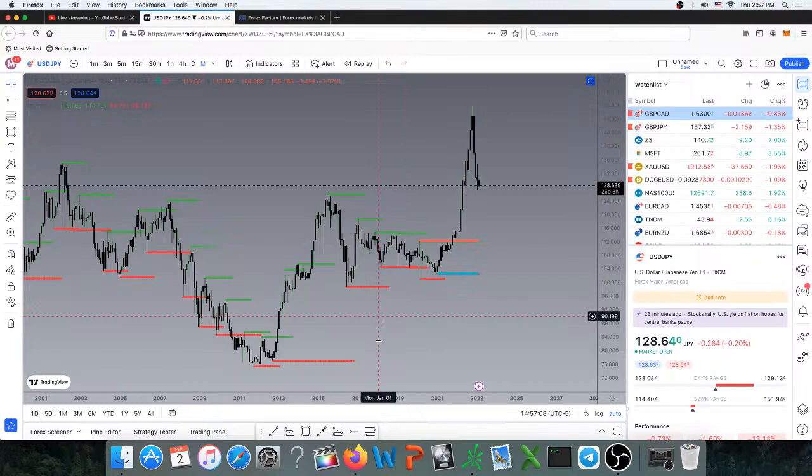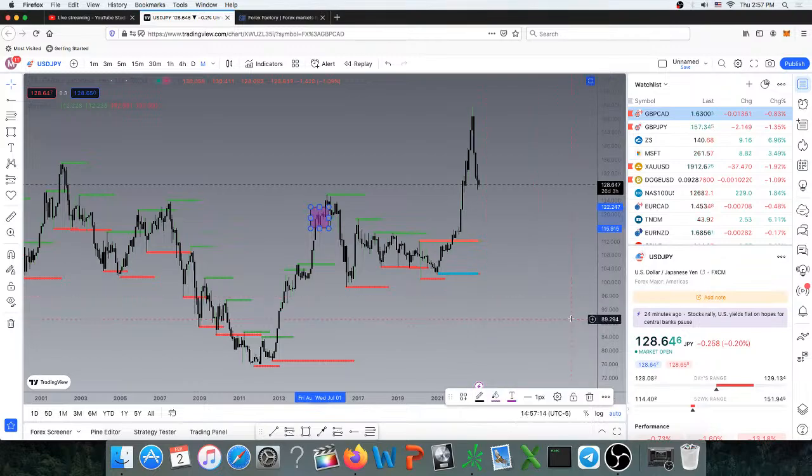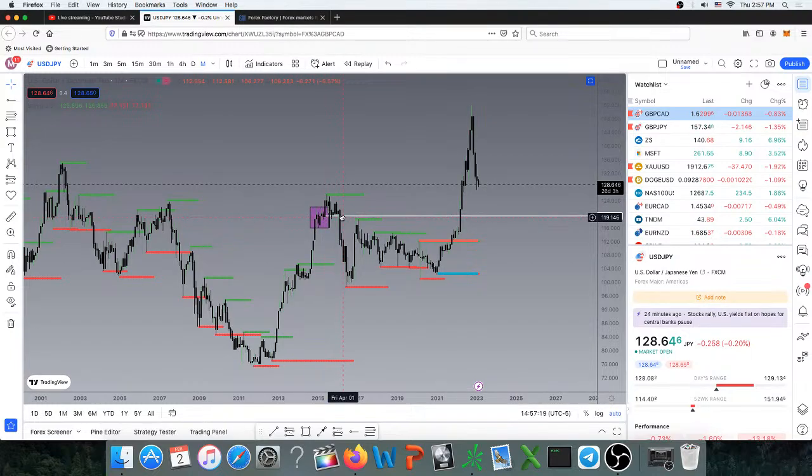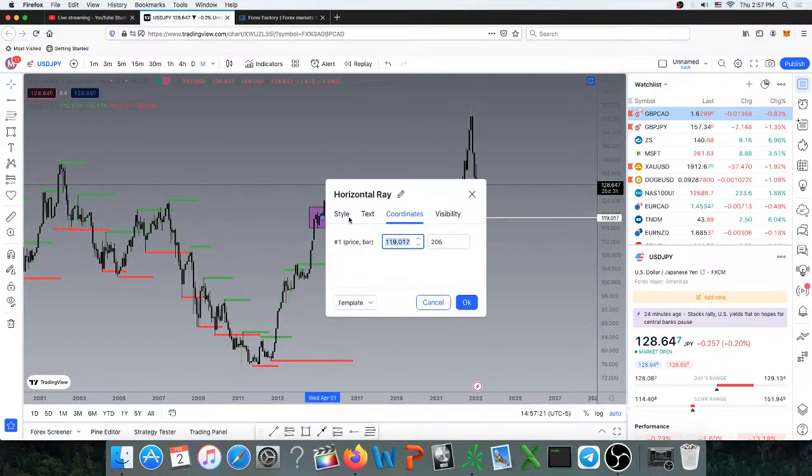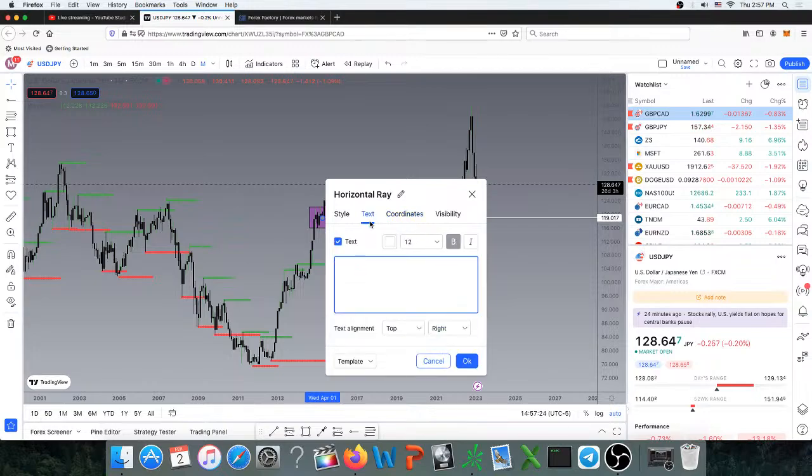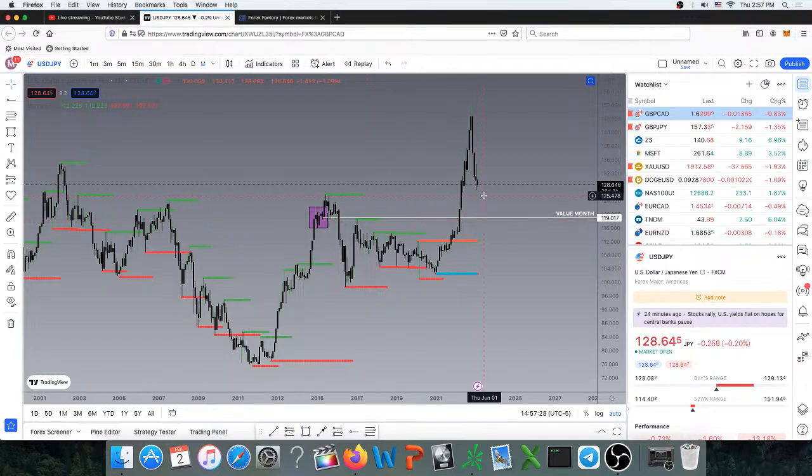Okay, we got monthly value here. We have a nice little demand area right here. 126, 124 hasn't touched yet. So I'm definitely bearish on this.